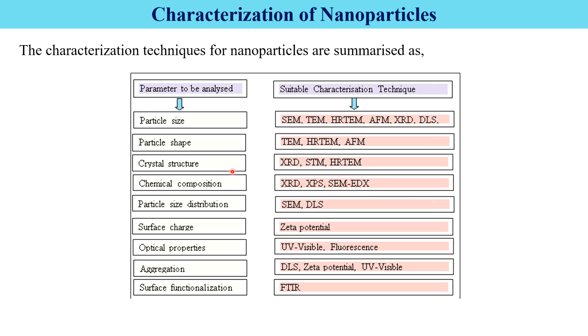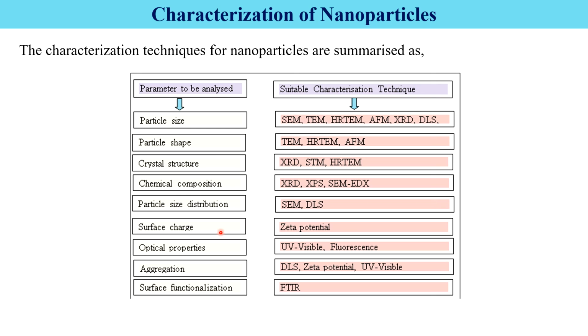For crystal structure, the techniques are XRD, STEM, STM, HRTEM. For chemical composition, the techniques used are XRD, XPS, SEM, EDX. For particle size distribution, the techniques used are SEM and DLS.